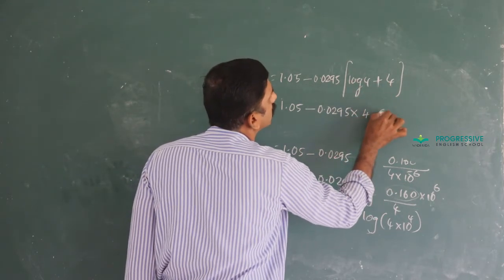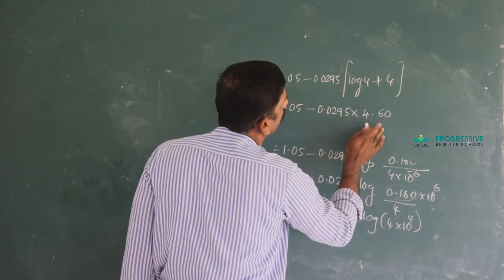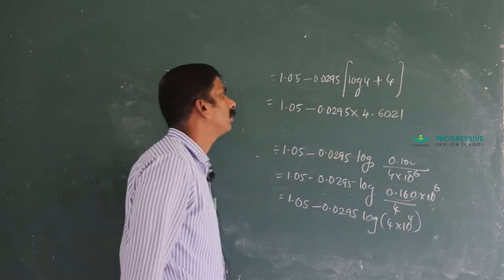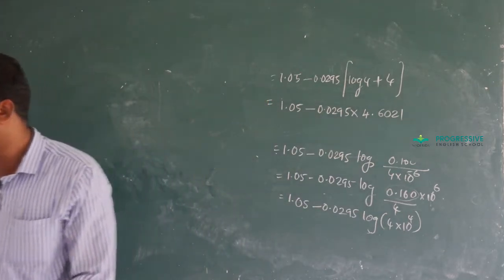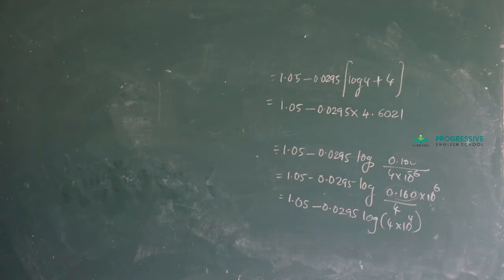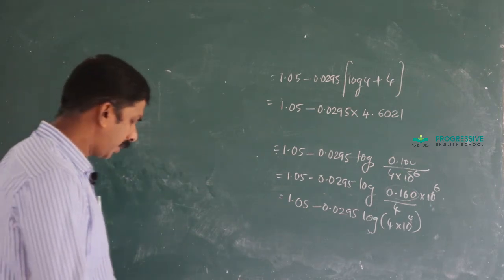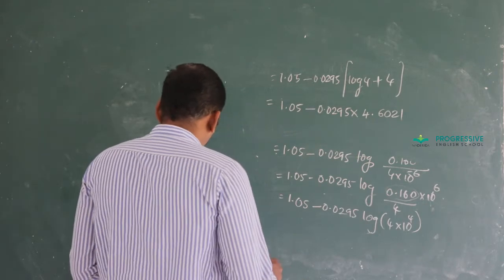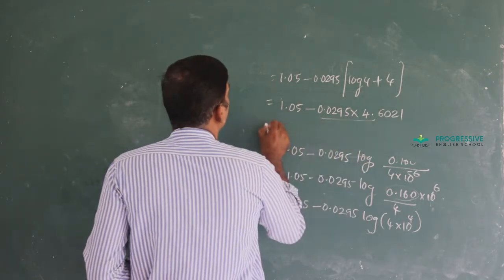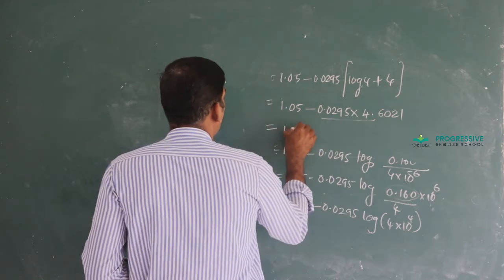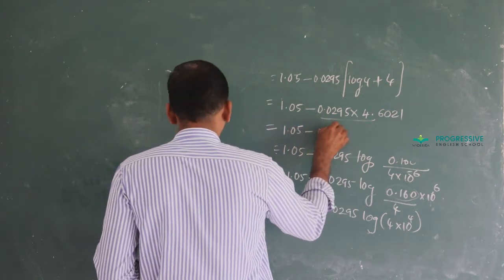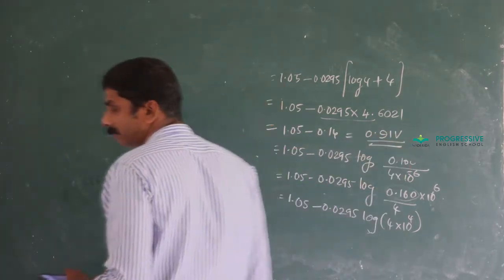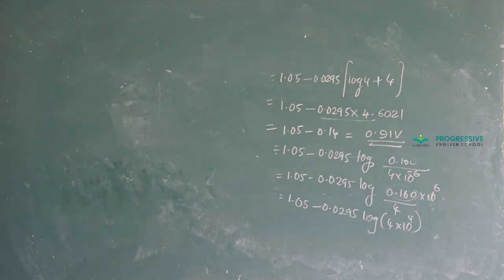Log 4 is 0.6021, that is the value of log 4. By substituting the log 4 value and multiplying with 0.0295, it becomes 1.05 minus 0.14, that is equal to 0.91 volt.